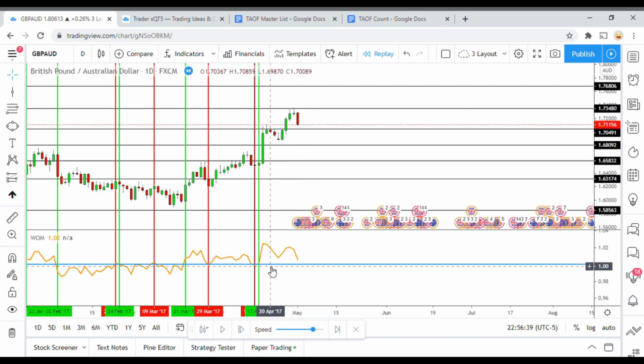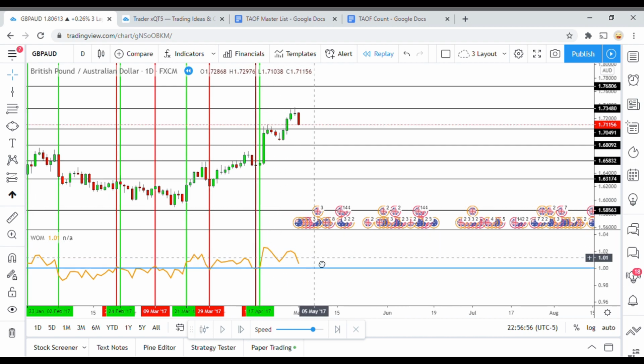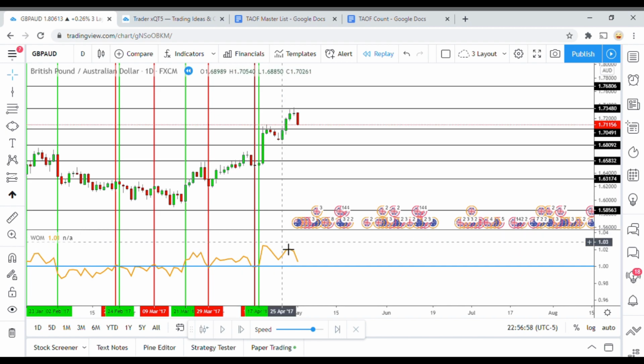But again, price action didn't really create any specific pattern that looked decent. Now, what we do notice is that down here on our indicator, we are getting a divergence.